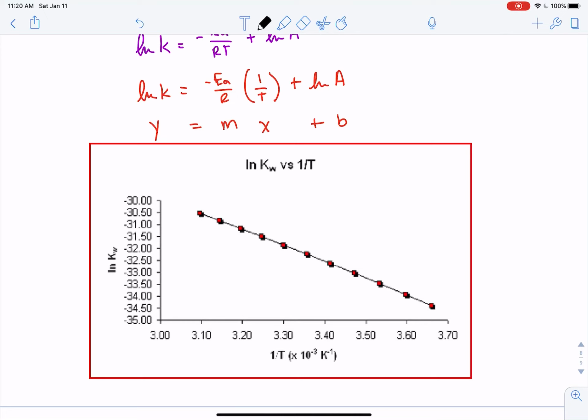Now, we pick 2 points on here. Let's say 0.30. That's a little slope down. That's probably good.